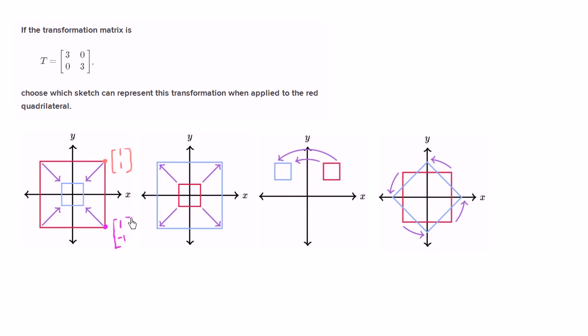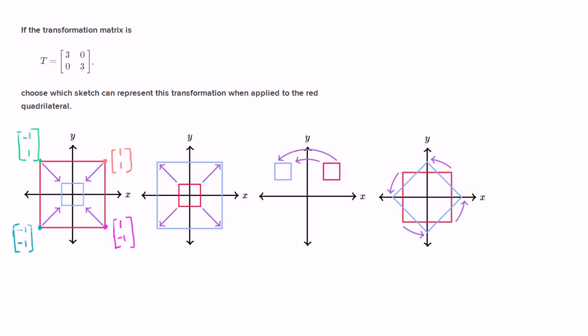This one over here could be represented by the position vector negative 1, negative 1. And finally, this point over here could be represented by the position vector negative 1, 1. So let's see what the transformation matrix would do when it transforms these 4 points.